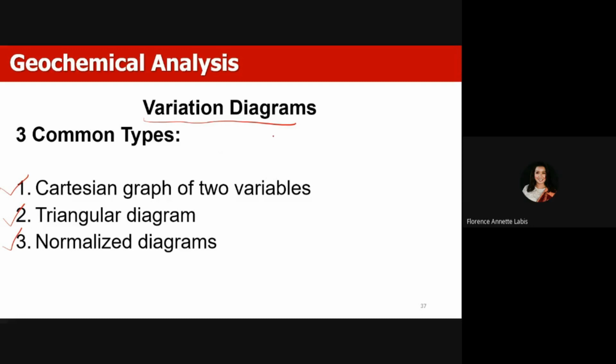For the Cartesian graph of two variables, the two variables are usually the x and y coordinates, right? The x is what we call the abscissa. If you hear me say abscissa, I am referring to the x-axis, and y is the ordinate. A triangular diagram is also what we call a ternary diagram.